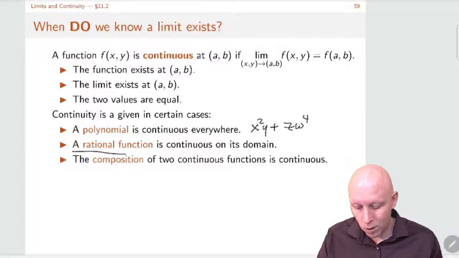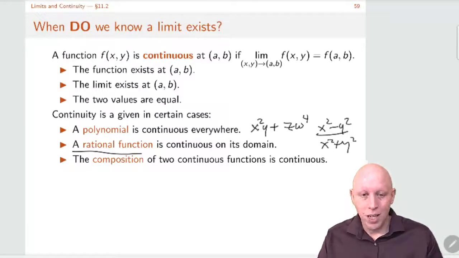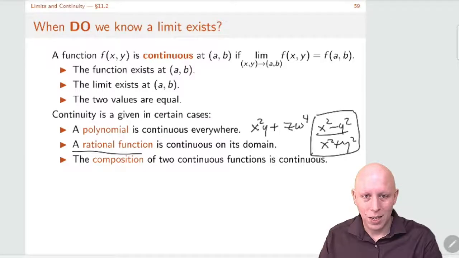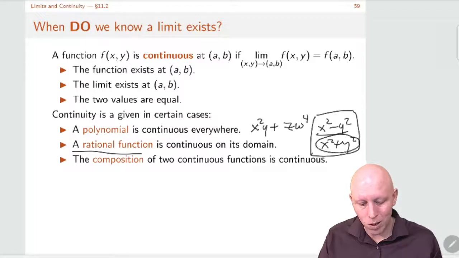The other thing, if you have a rational function like x squared minus y squared over x squared plus y squared, it's continuous on its domain. If you look at this function, its domain is everything except where x squared plus y squared is equal to 0.